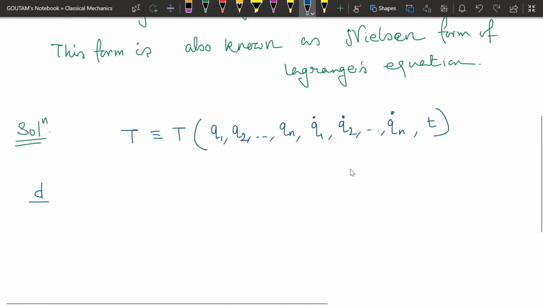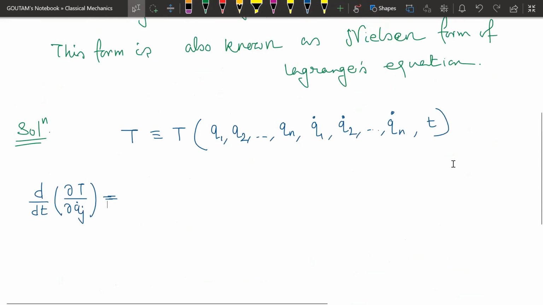So if we calculate d/dt of ∂T/∂q̇j, this ∂T/∂q̇j also depends on the qj's, that means q1, q2, ... qn, and the q̇j's, that is q1 dot, q2 dot, ... qn dot, and time.